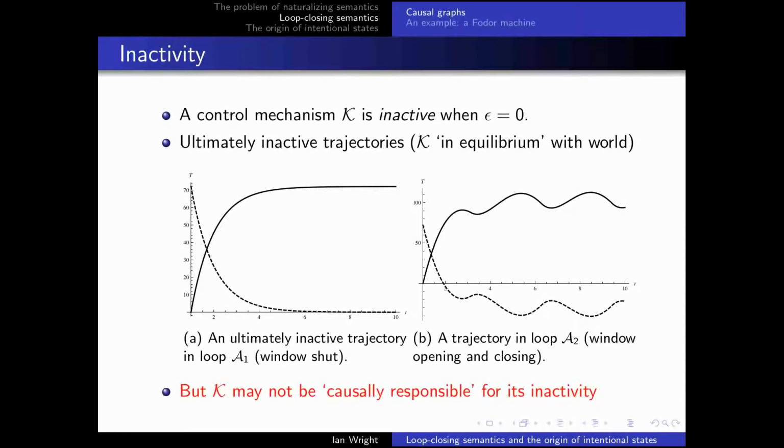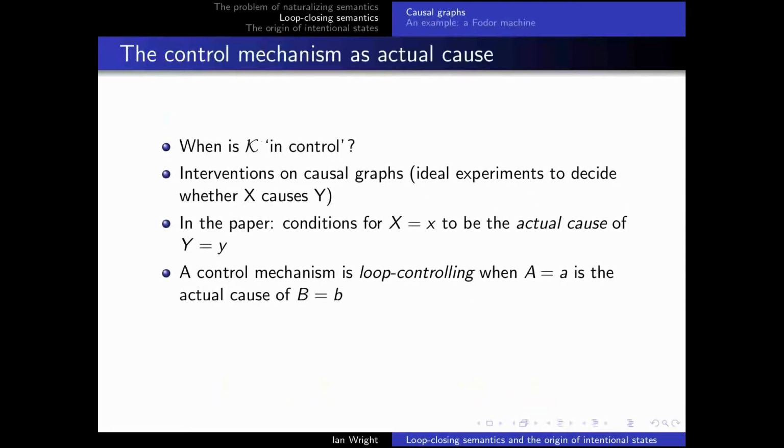We can answer this question in terms of interventions on causal graphs, which are ideal experiments to decide whether X causes Y. I'll skip the details here, but in the paper I specify conditions under which a variable is the actual cause of another variable, where actual cause is the technical term that captures our intuition of sole causal responsibility.